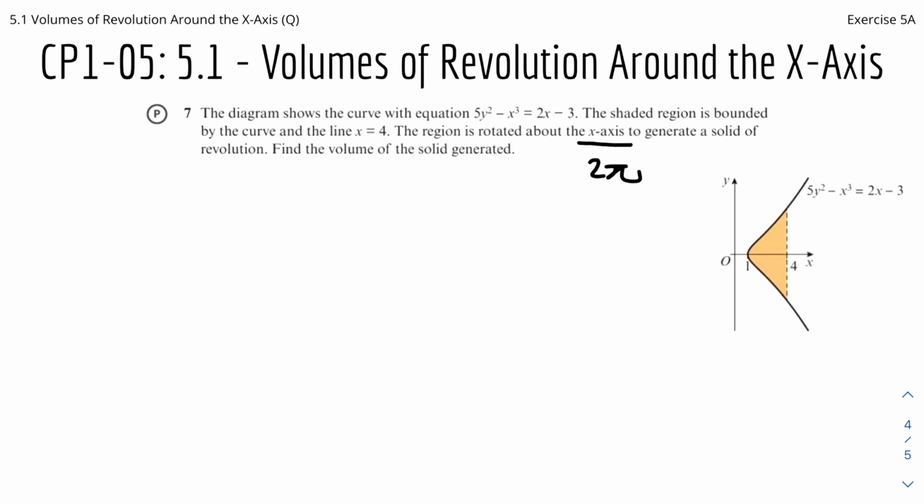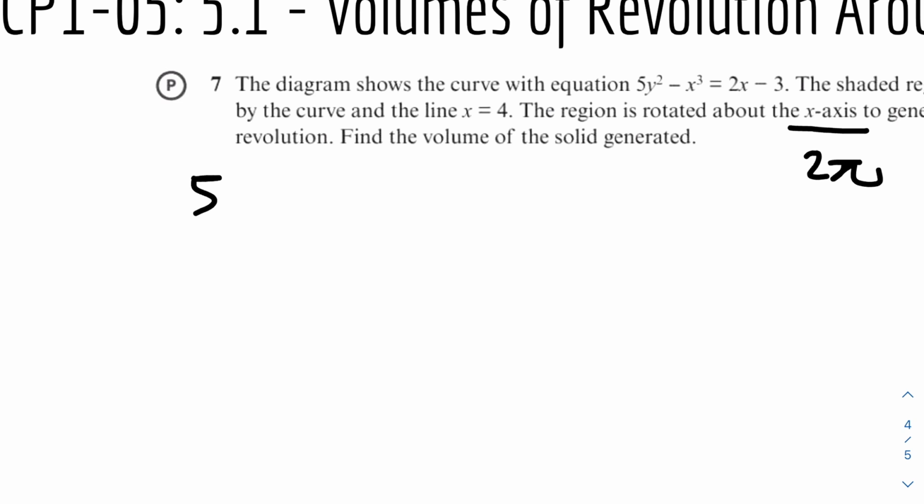So we know that we're given the bound already from x equals 1 and x equals 4, and we're given the curve. So what we do here is that we have to first rearrange to get y squared the subject. So we have 5y squared minus x cubed equals 2x minus 3, like so.